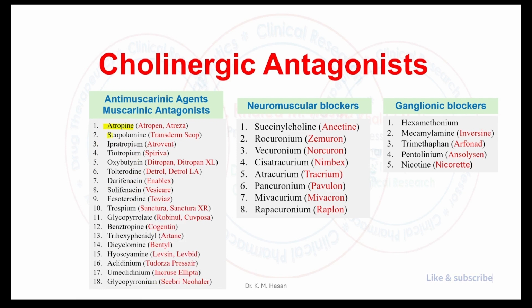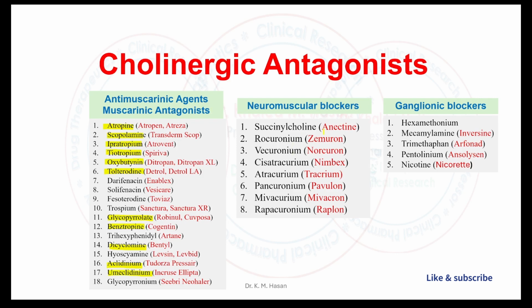Then we have scopolamine, ipratropium, tiotropium, oxybutynin, tolterodine, glycopyrrolate, benztropine, umeclidinium, aclidinium, dicyclomine. All these medications are considered among the most important antimuscarinic agents.